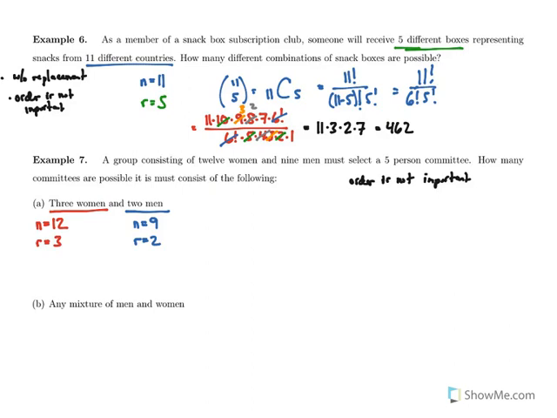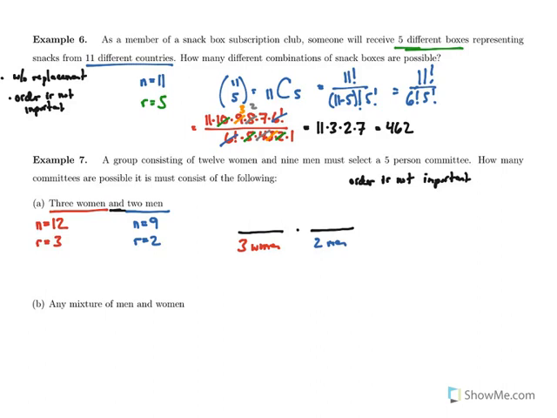And since we're making a series of decisions, we're going to multiply them together. So first, let's take care of the 3 women. We can think about this as two decisions to make. We have our 3 women and then our 2 men.